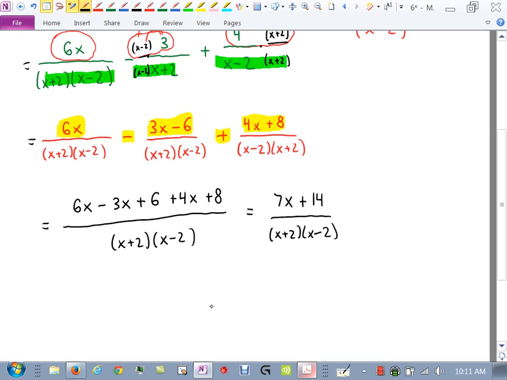No. What can we do? On the top, you can factor what out? 7, and you're left with x plus 2, which is over x plus 2 times x minus 2. And these two factors cancel, which leaves you with 7 over x minus 2.